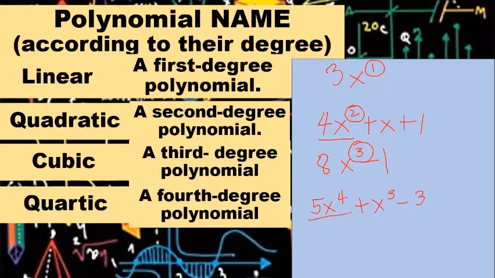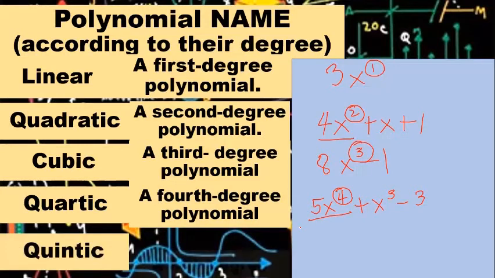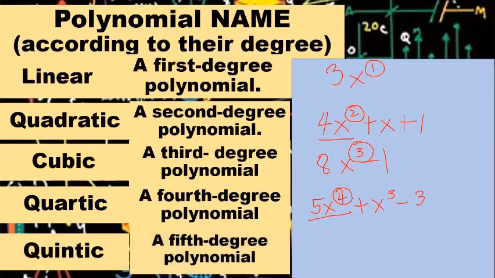So the first term, we have 4 as the exponent. So therefore, this is a quartic. Next is quintic, a fifth degree polynomial. Say 3x raised to the fifth power minus 2. So in the first term, we have 5 as the exponent. So this is a fifth degree polynomial. So therefore, this is a quintic.